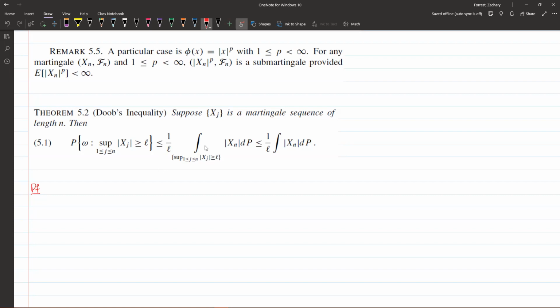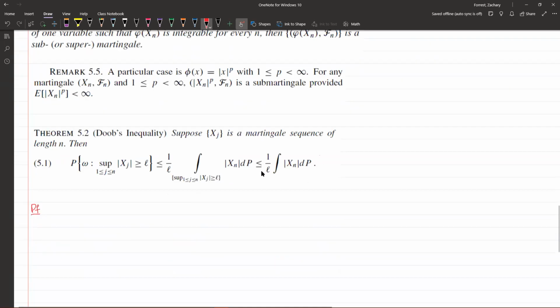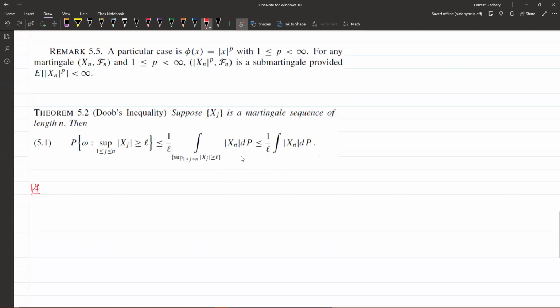You use Chebyshev's inequality on each of those sets because it makes things pretty easy. Then what you do is use martingale inequalities. And actually, you can use lemma 5.1 as part of it as well in order to move from talking about the random variable X_j to talking about the random variable X_n at each step. Then you're able to use sigma additive properties of the measure in order to get the right inequality here.